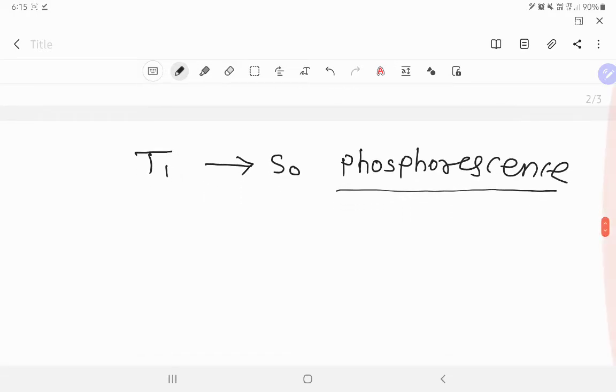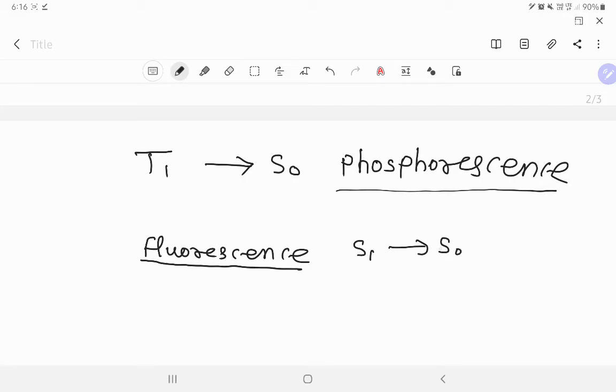Now, what is the main difference between fluorescence and phosphorescence? Fluorescence emission, from S1 to S0 or S2 to S0, stops as soon as the source of excitation is stopped. Suppose this is a fluorescence emitting substance.